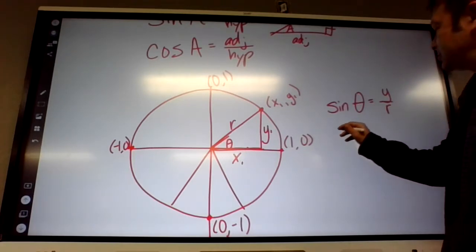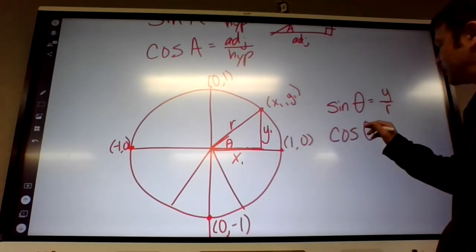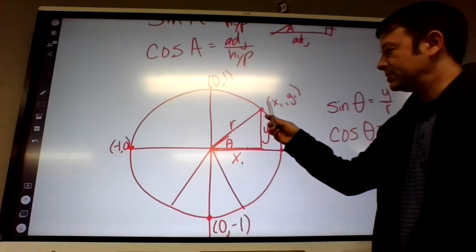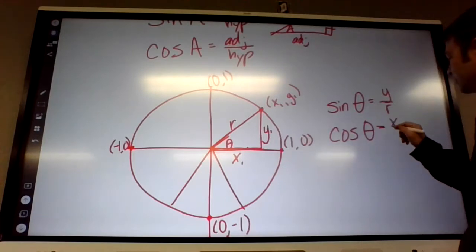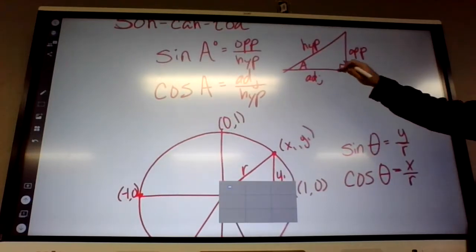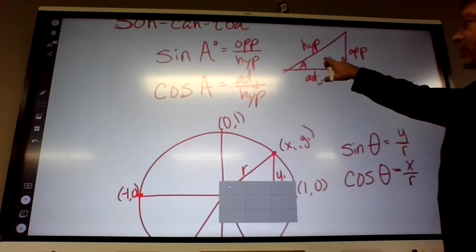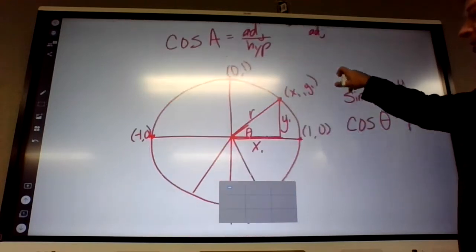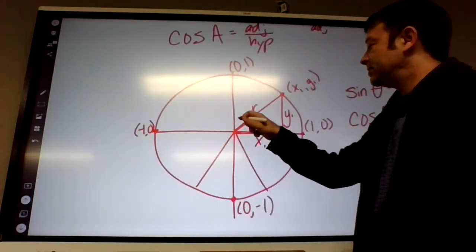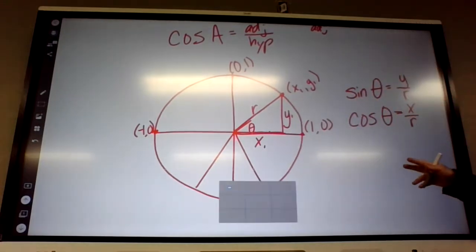And cosine, since it's adjacent over hypotenuse, adjacent is basically the x coordinate, so it'd be x over r. Up here we were thinking about it in right triangles, and here we're thinking about it in rotational angles. But pretty similar.